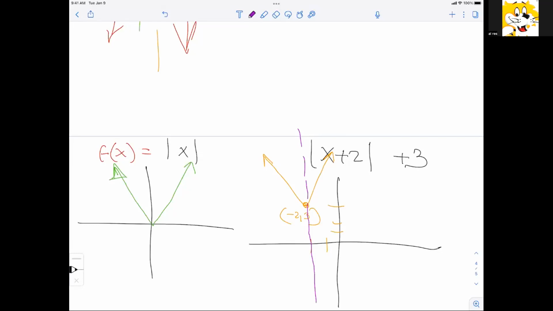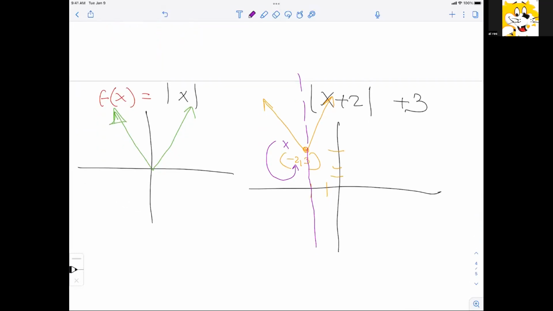Right here, what's my x value? -2. Remember that to create a vertical line, let's say at 4, the vertical line is x is equal to 4. So this vertical line here is x is equal to -2. We have to be very careful.